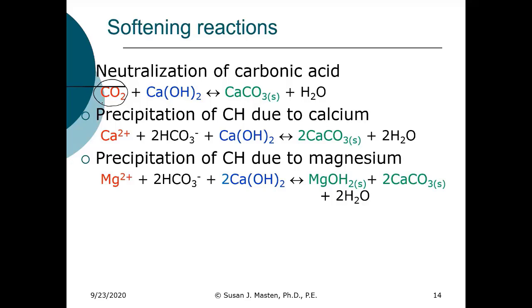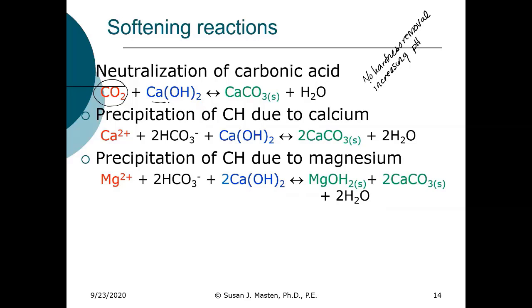So the first reaction that we need to do is to neutralize that CO2. Notice here, we get no hardness removal. We're simply increasing the pH. So the goal with this first reaction is to neutralize the CO2.